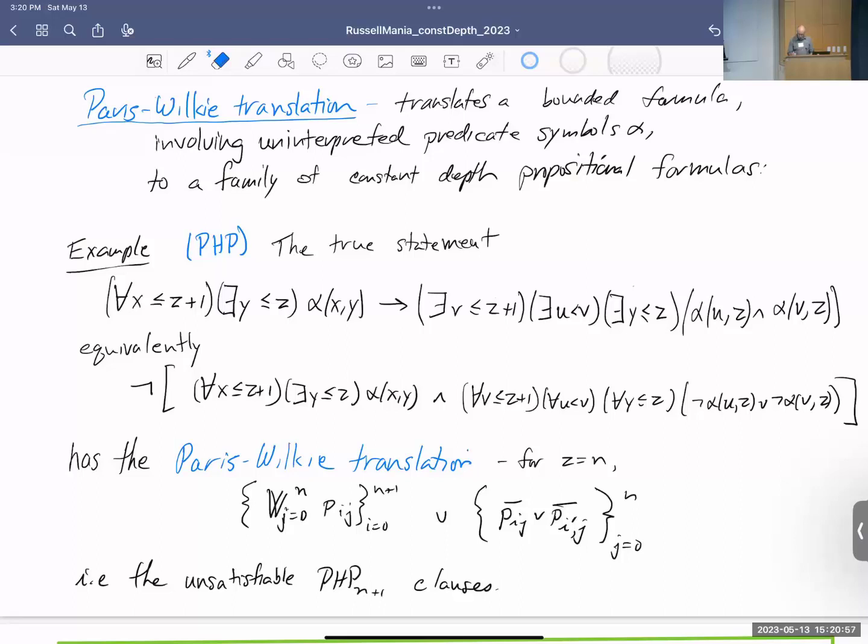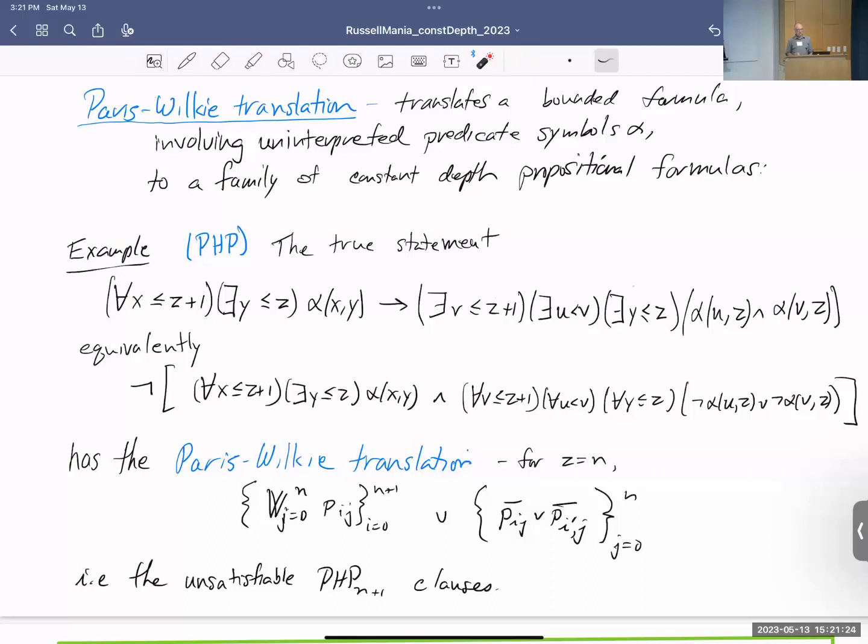The alpha x y turns into p_ij's. Think of i as being the value of x and j as being the value of y. And the not alpha u y or not alpha v y turns into not p_ij or not p_i'j.